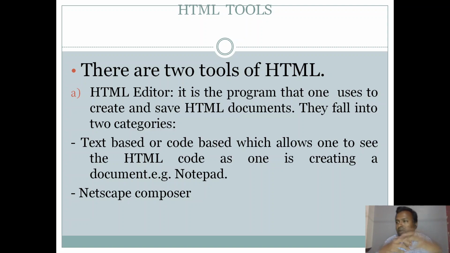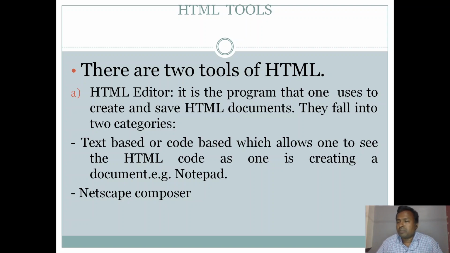By default, some browsers are available. Whatever other browsers there are, you can download and install them, and then you can open these HTML documents. That means majorly two tools are required to check this HTML program. One is the editor. In case of Windows, you can use Notepad, whereas in case of Unix and Linux, you can use the vi editor.